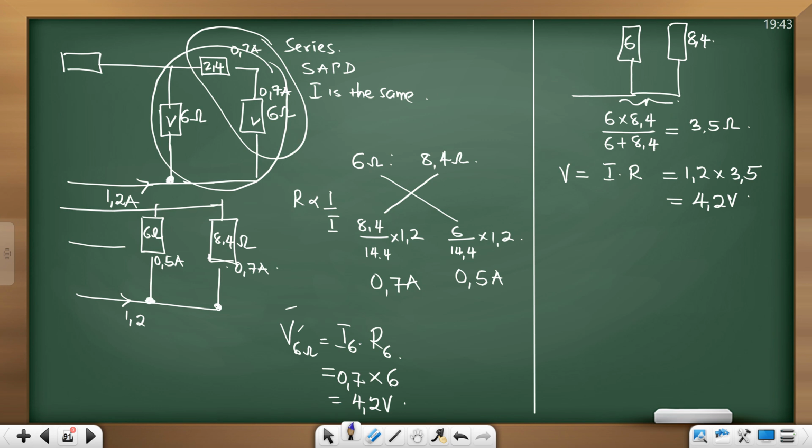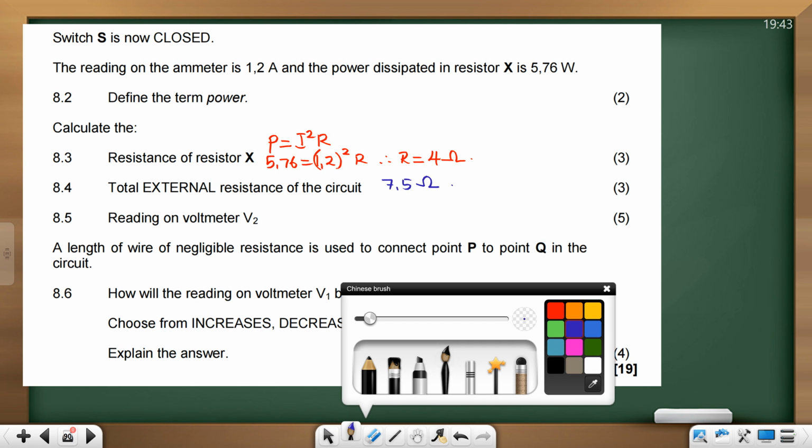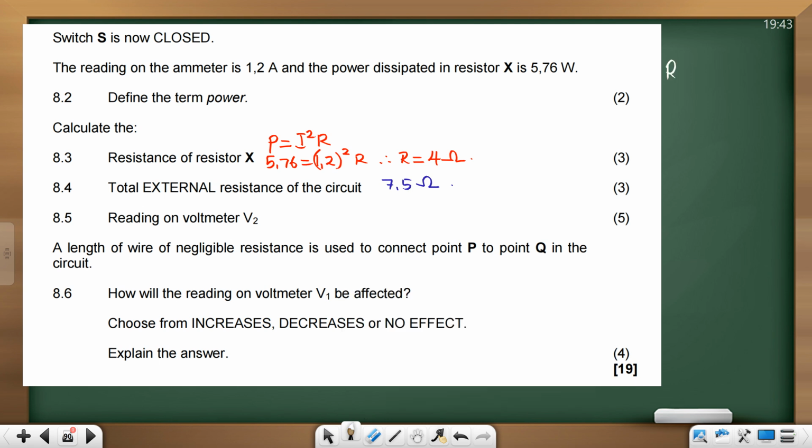All right, I want to answer it here. So we remove a resistor in series. What happens? One, R total decreases. If you remember RIVE, if R total decreases, what happens? I total will also what?